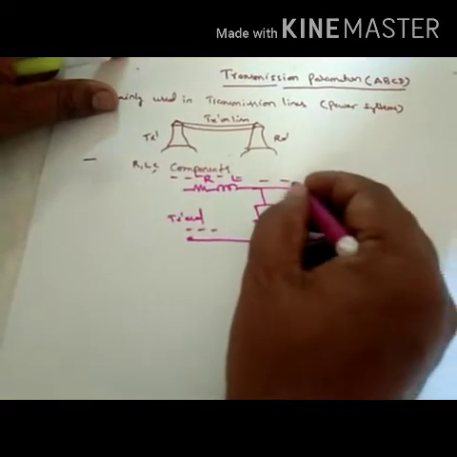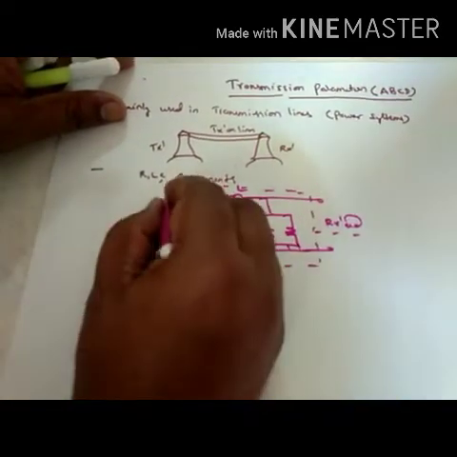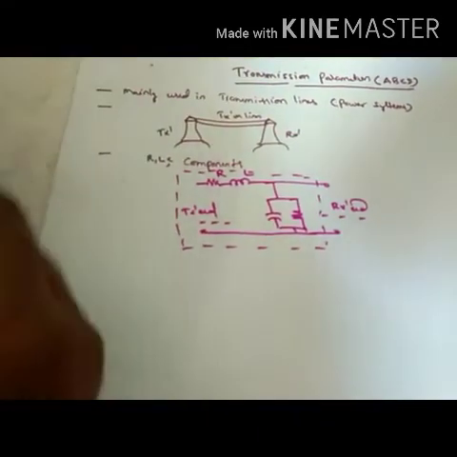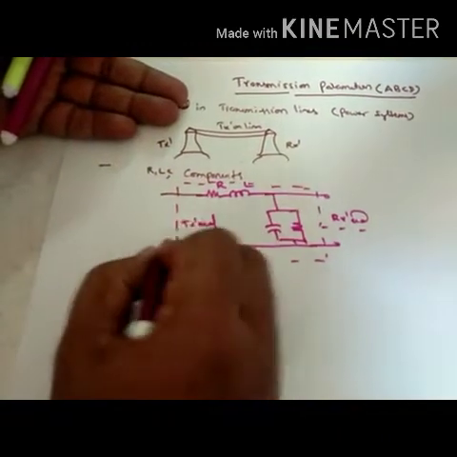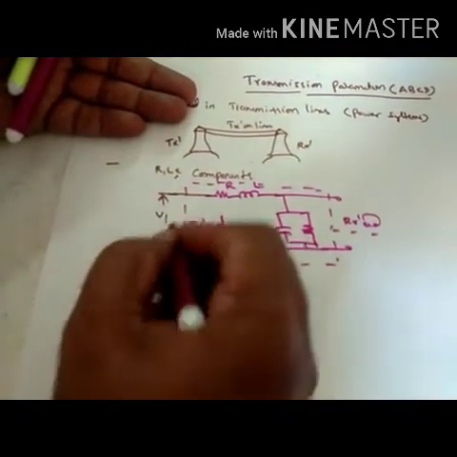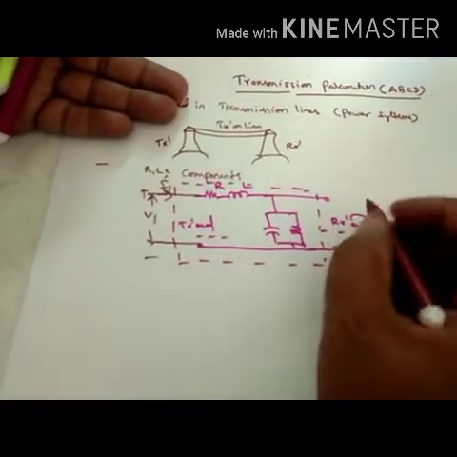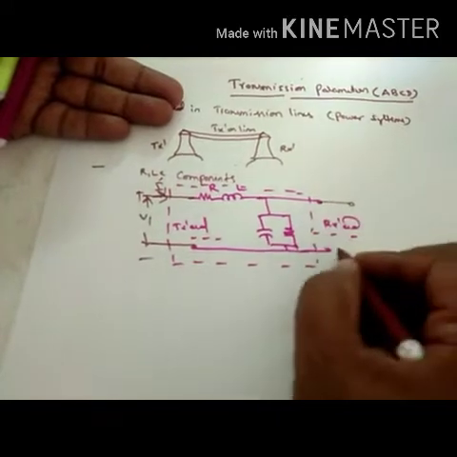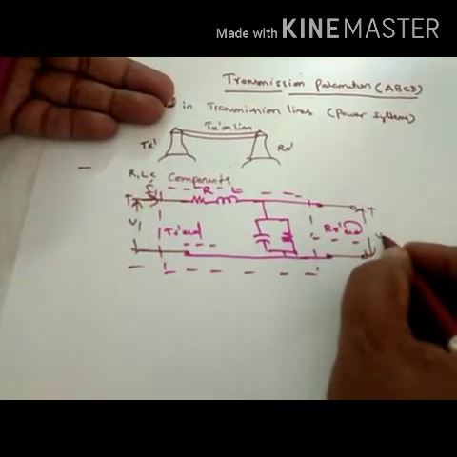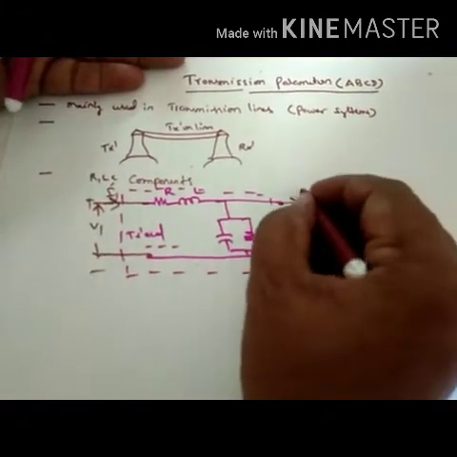Here it is V1 and current I1. Coming to the other end, it is V2 and the receiving current.